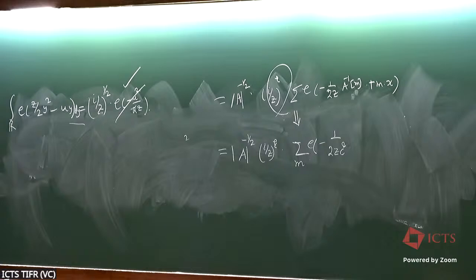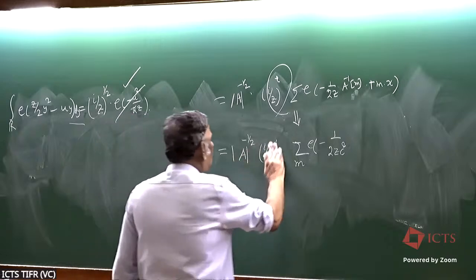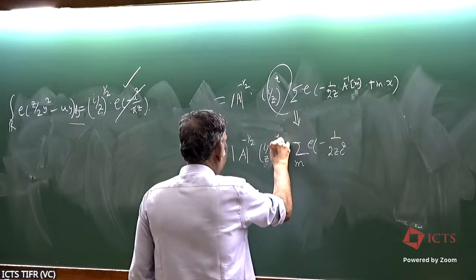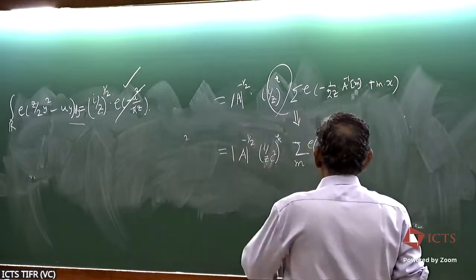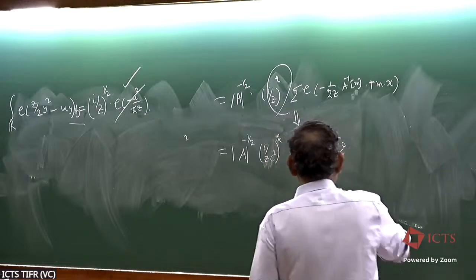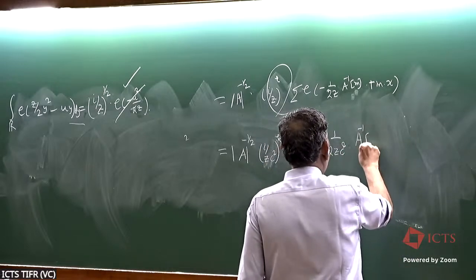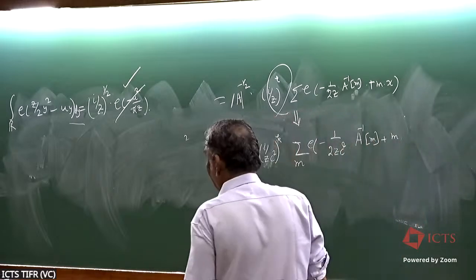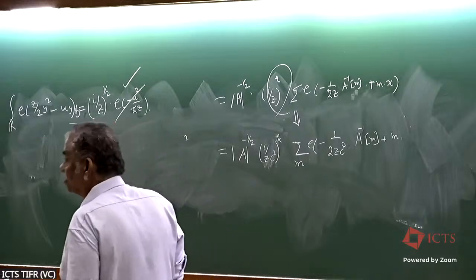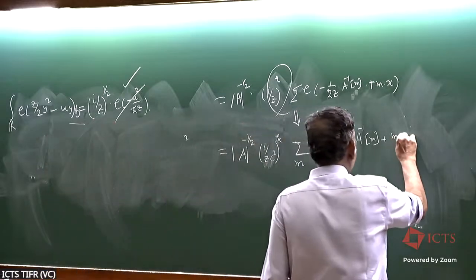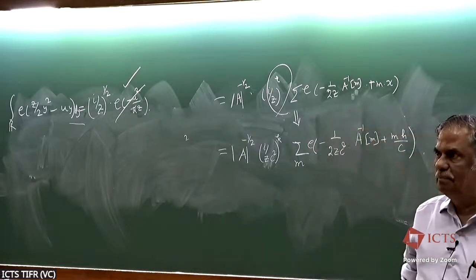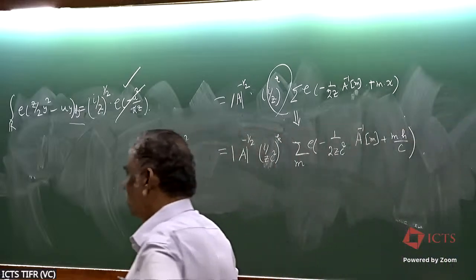Everywhere you should get I over z c square raised to the power k. And then this z also becomes z over c square. And then still you have a hat of m plus m into this x, which I know. The x is h into c inverse. Therefore, this is still m dot h divided by c. That's the formula.